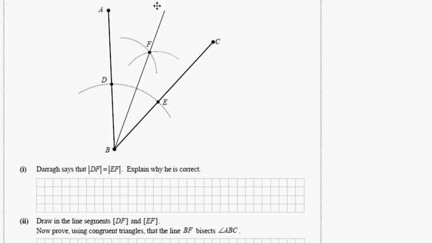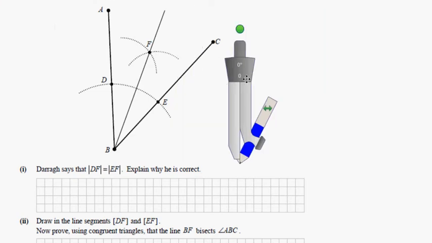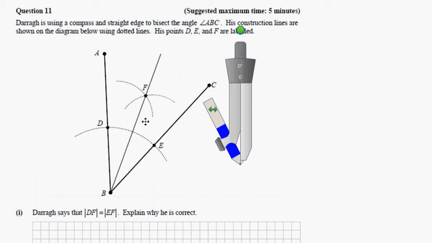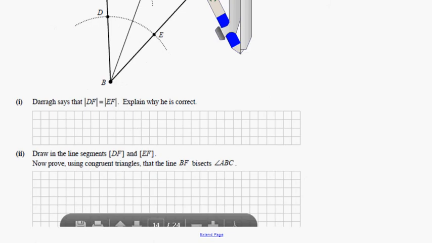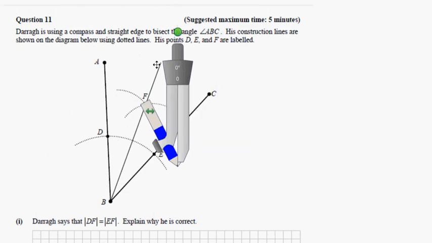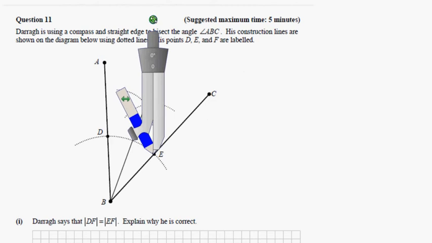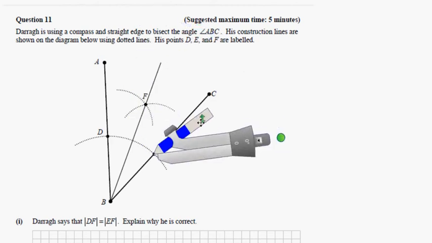Okay, so why does DF equal EF? Now there's a reason behind this. Now let me show you. If we were doing the construction, it would have been something like this. We would have measured an arc length. Okay, so we would have measured this arc length here.